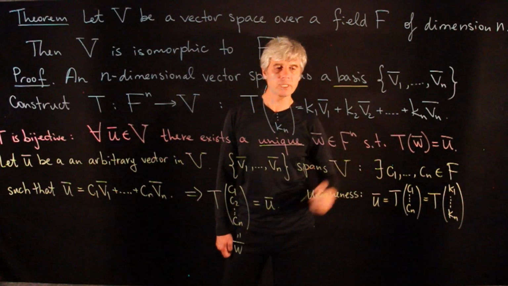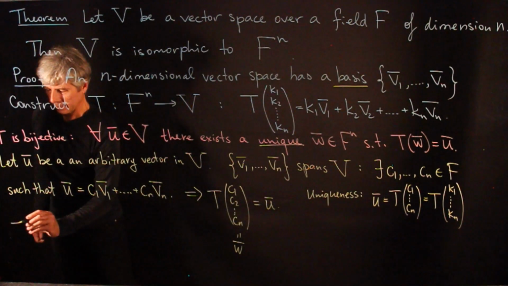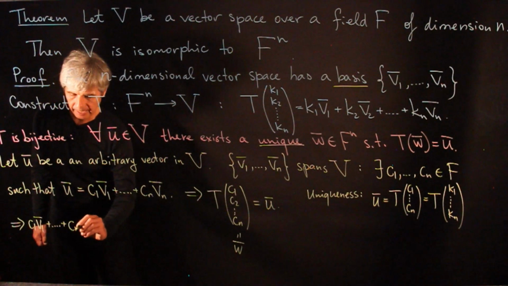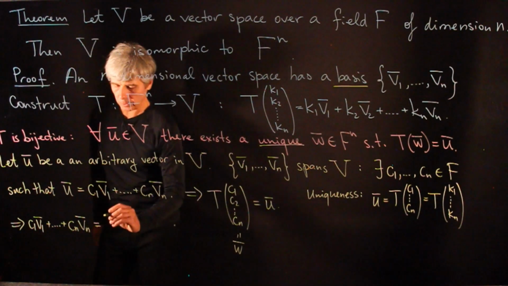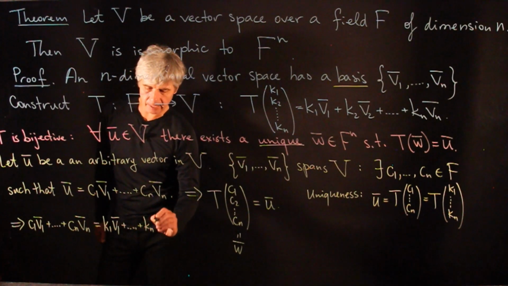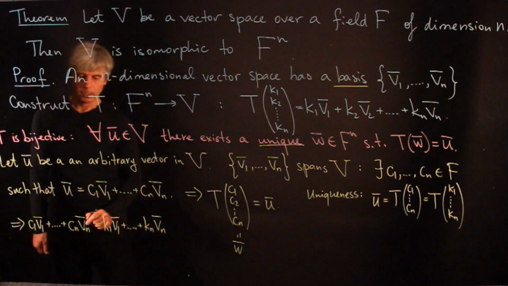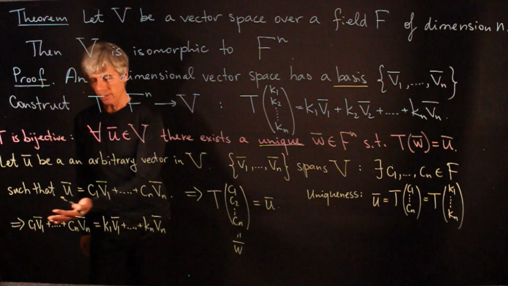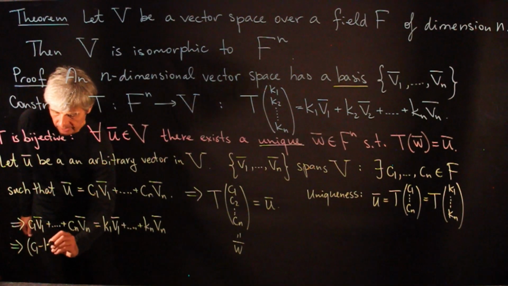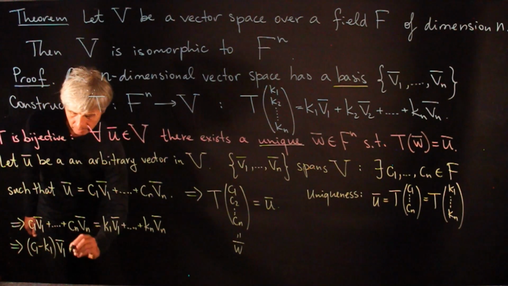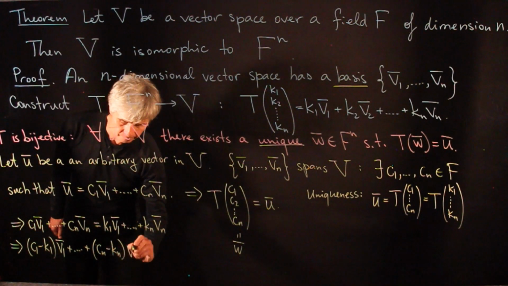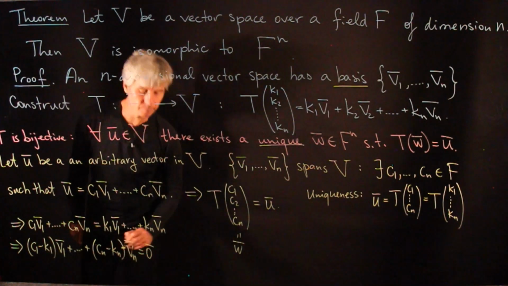Using our definition of T, it means that C1 V1 plus ... Cn Vn is equal to K1 V1 plus ... Kn Vn. And again, let's bring everything to the left-hand side. So this implies that (C1 minus K1) V1 plus ... (Cn minus Kn) Vn is equal to 0.